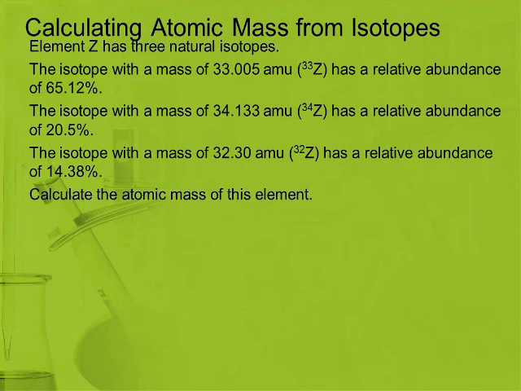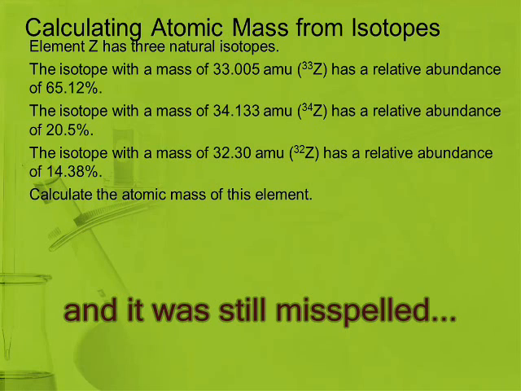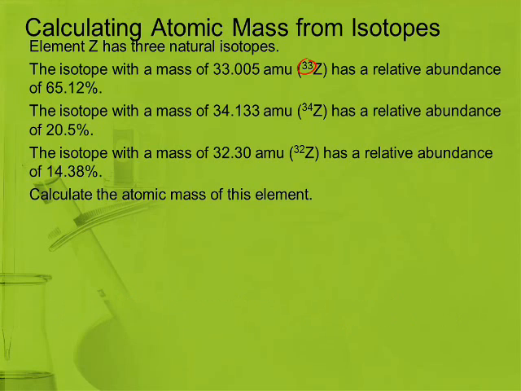So let's try one with an actual atomic number. Again, I'm going to use this made-up element Z, but it has to do with atoms now. Element Z has three natural isotopes. The isotope with a mass of 33.005 is Z33. So notice this corresponds to the mass, this corresponds to this mass, and this corresponds to this mass.